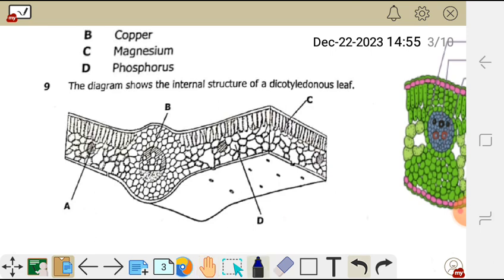The correct answer is B, which is the xylem and the phloem. The xylem is going to transport water and minerals, and then the phloem is going to transport finished products. The foods being produced by the leaf are transported by the phloem. So the correct answer is B.